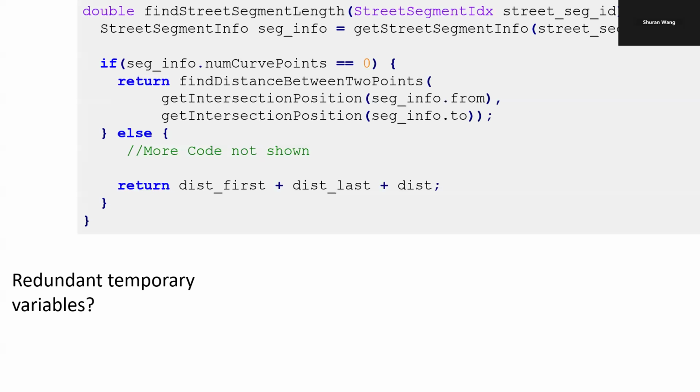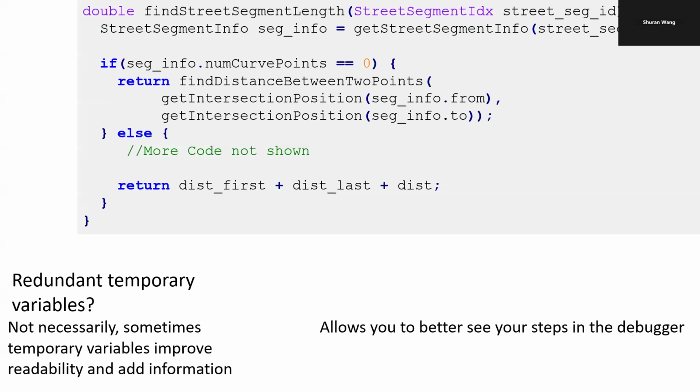Yeah, this one single return statement becomes too long and really confusing. So sometimes temporary variables improve readability, add information, because we call them pause from, pause to, and we can say find distance between 2 points, pause from, pause to. That's much clearer than what we have here.